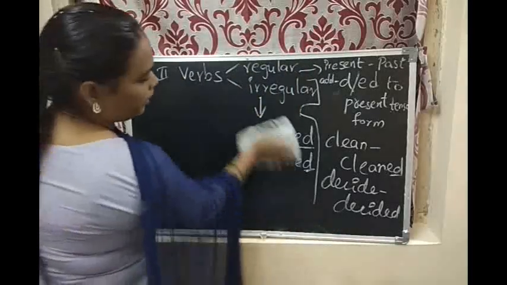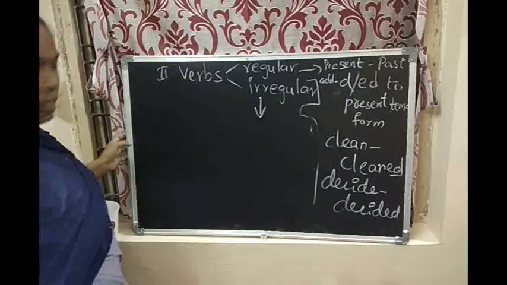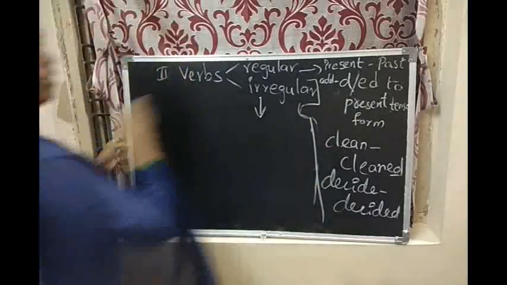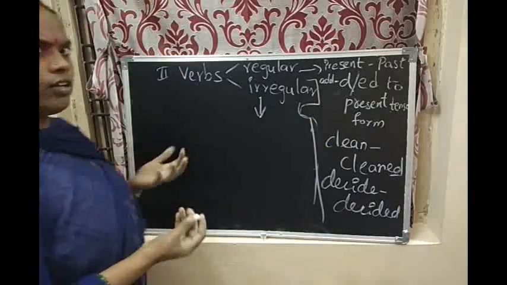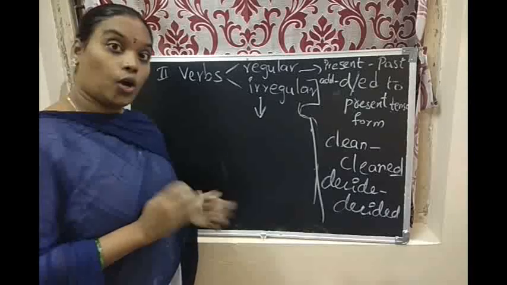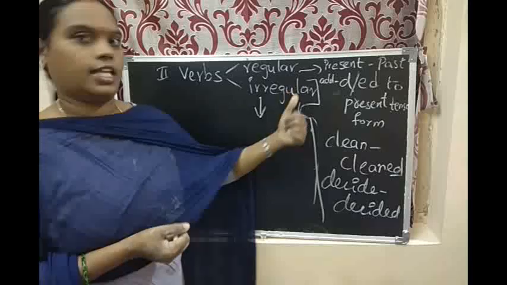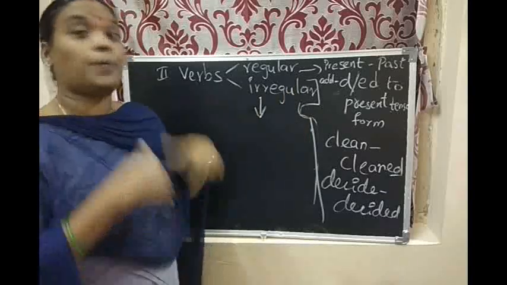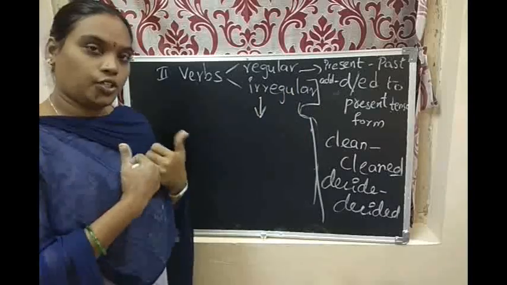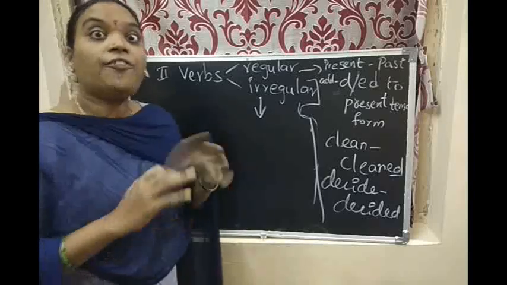Now coming to irregular verbs. What does irregular mean? Regular and irregular are opposites. Whenever we are changing the verb from present tense into past tense, we will get a different form.